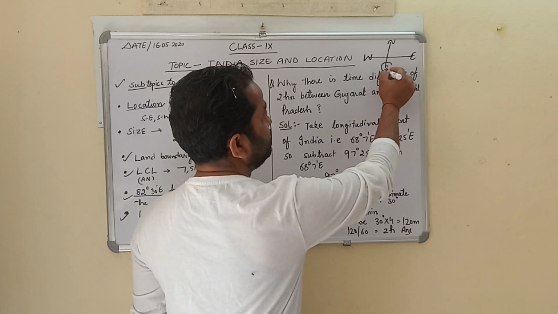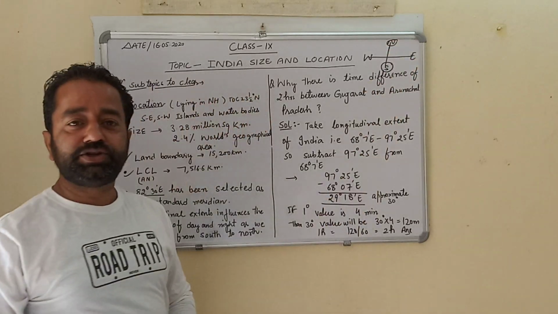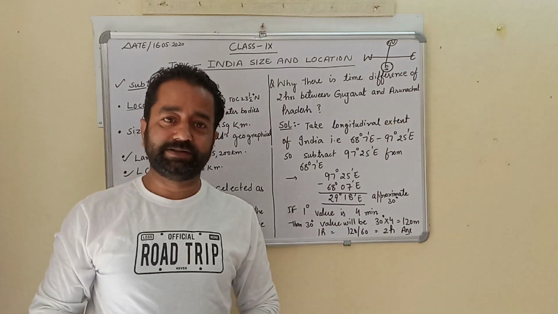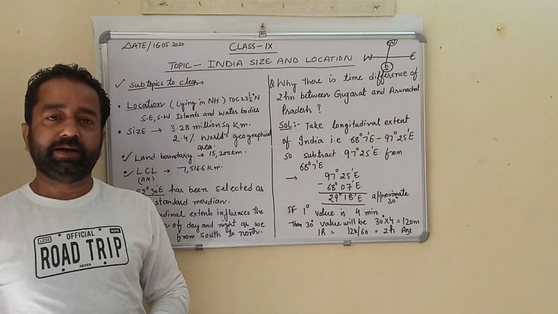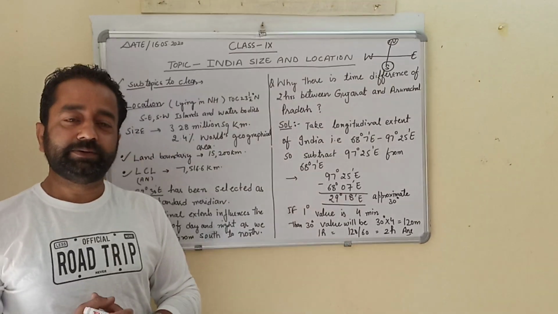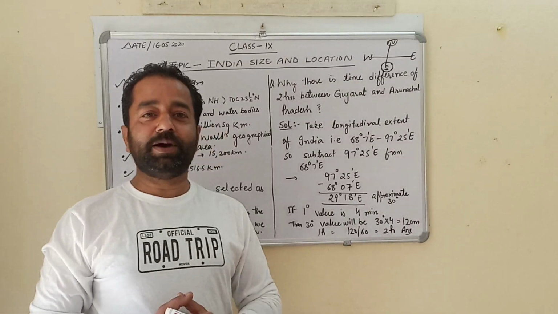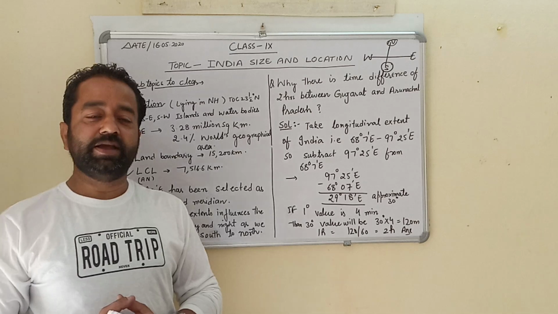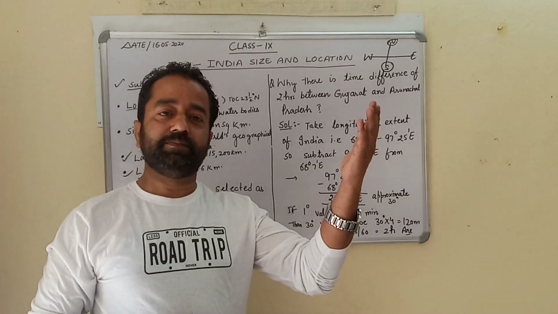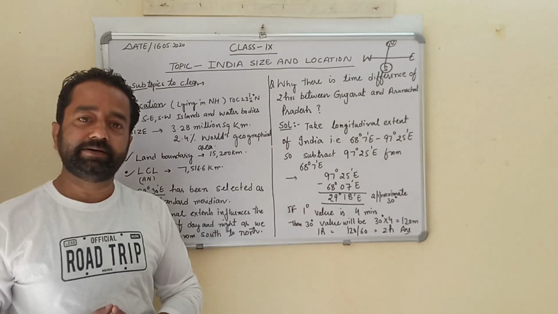As we move from south to north, the duration of time varies. That is why a difference in the duration of day and night is found between Kanyakumari in Tamil Nadu and Srinagar, Kashmir, in the north.